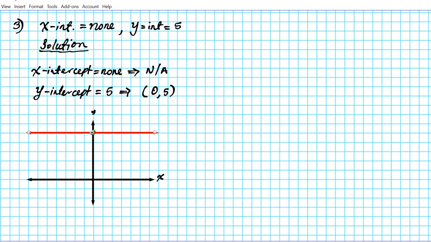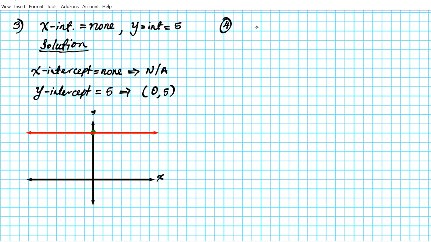Okay, so ladies and gentlemen, that is the graph of the line that has no x-intercept and a y-intercept of 5. Okay, let's take a look at one more example, then we give you an opportunity to try out some practice problems.